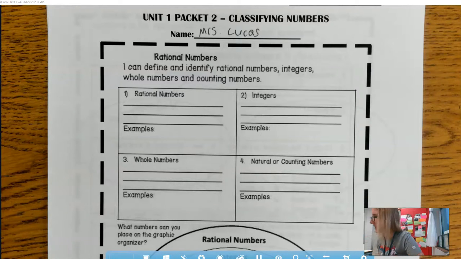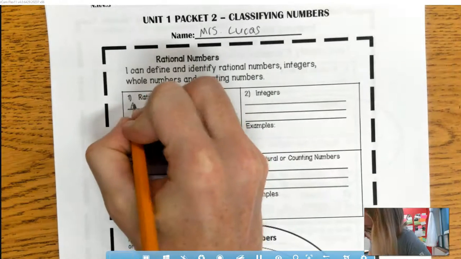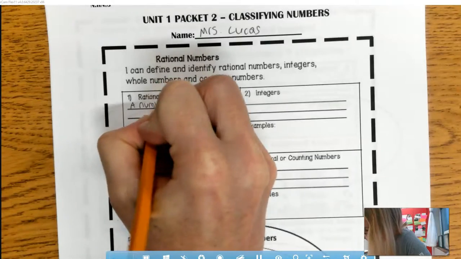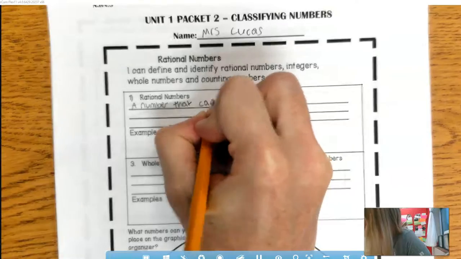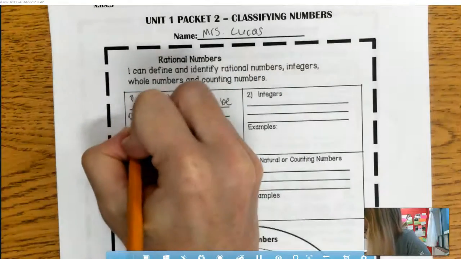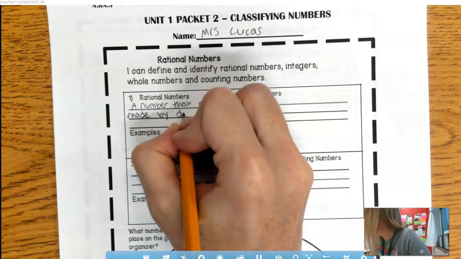So the mathematical definition of a rational number is a number that can be made by dividing two integers.